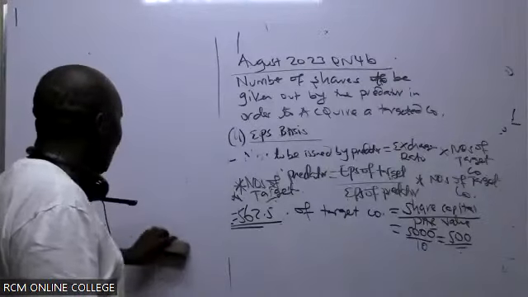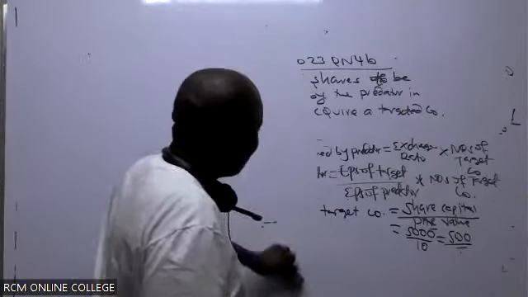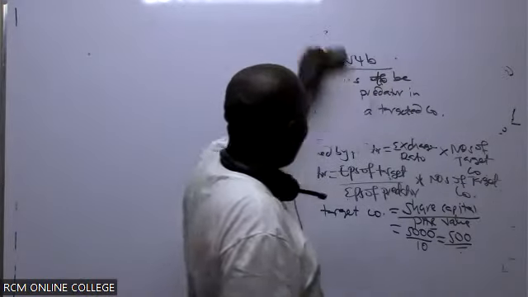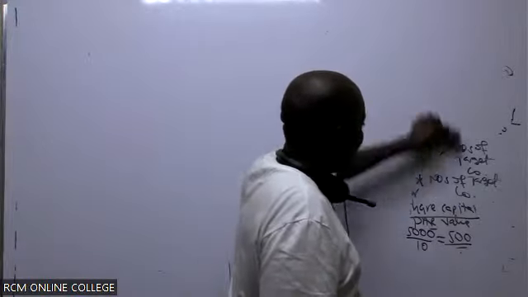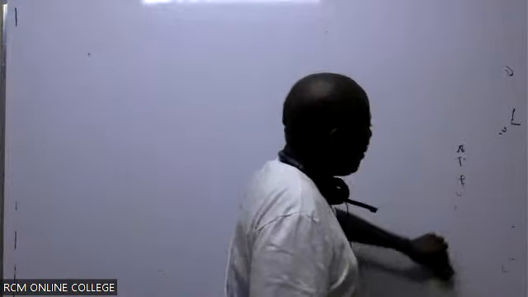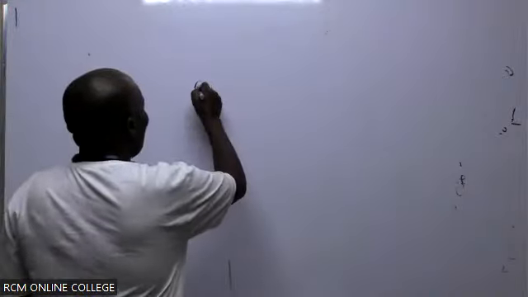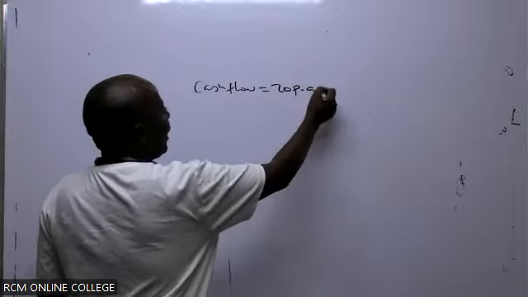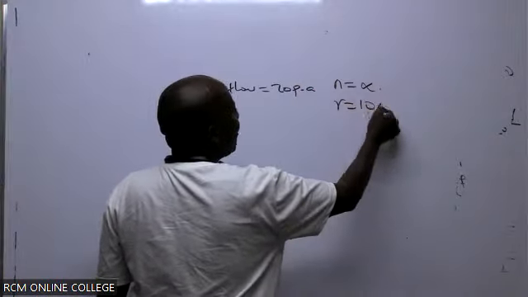Let me start by asking you a question. If, ladies and gentlemen, somebody promises you Kenya shillings 10 million every year indefinitely, so you're given a cash flow of 20 per annum, N is indefinite and R is 10%.